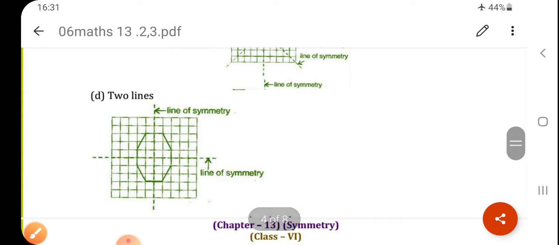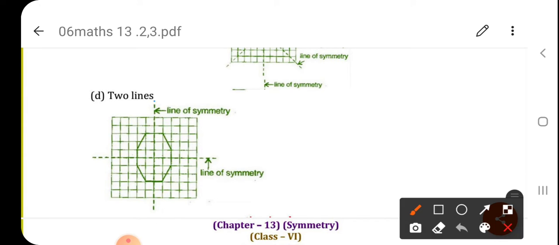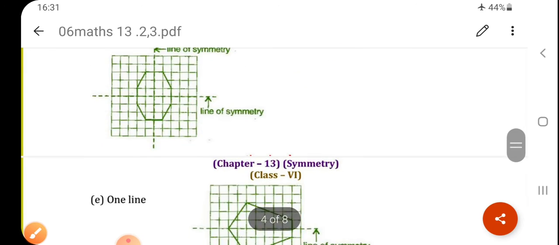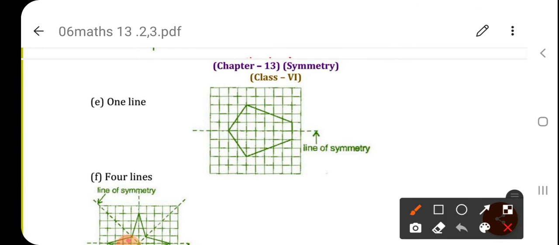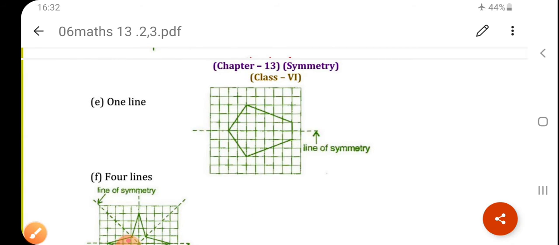Here a hexagon is given, so you can see in this hexagon 2 lines of symmetry are possible because it's not a regular hexagon. And here a pentagon is given, 5 sides. So one line of symmetry is possible, horizontal. Vertical is not possible.